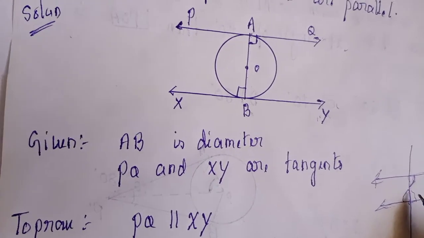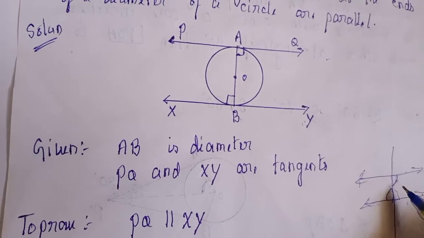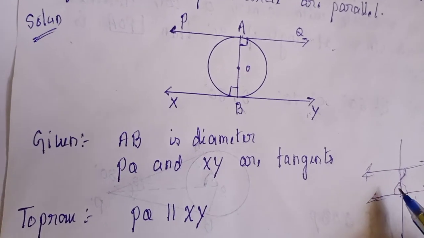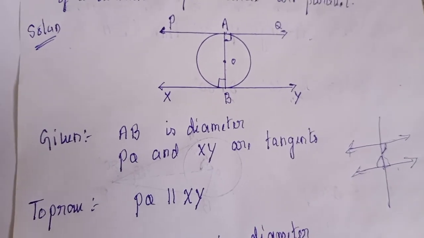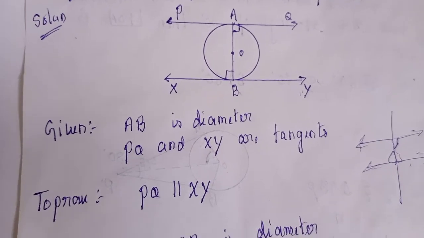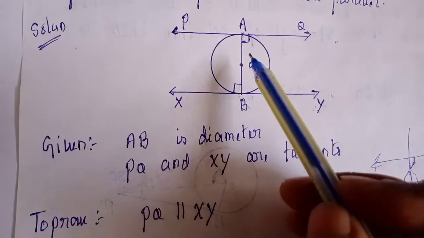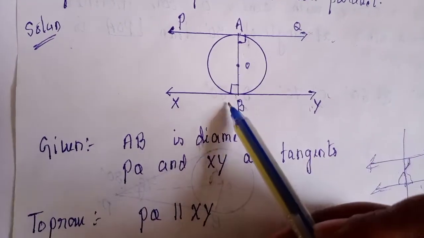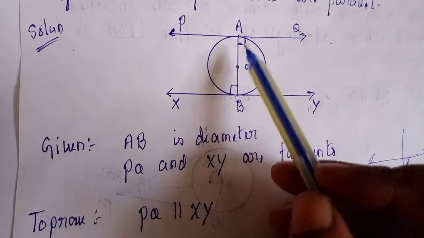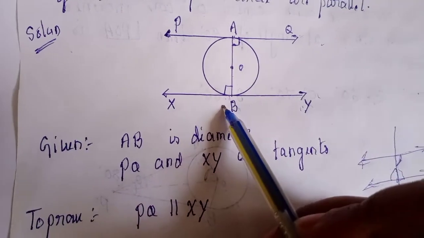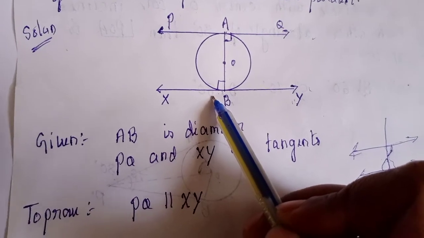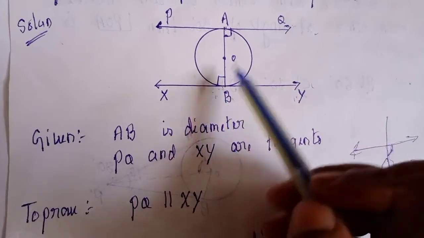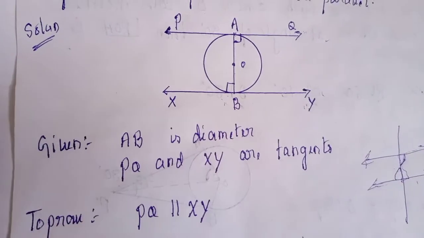According to the situation in your question, out of the concepts you can go with either corresponding, alternate interior, alternate exterior, or the sum of co-interior angles. Here I want to prove that these two alternate angles are equal. If this angle equals this angle, they are alternate angles and equal, then I can tell that these two lines are parallel.